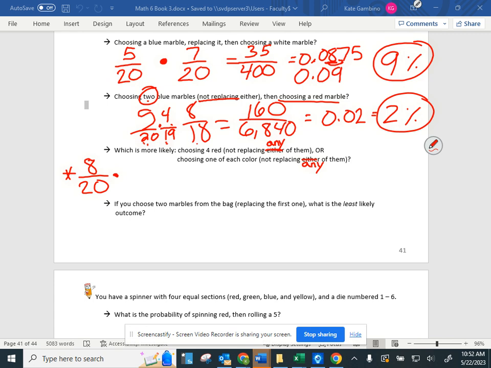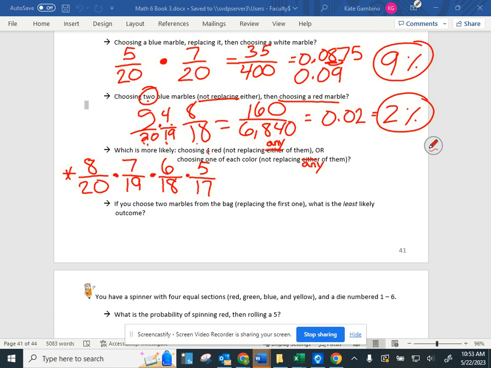So what is the probability of me doing? Say that again. There are 7 reds left out of 19 marbles. And then now there's only 6 red marbles left, and there are only 18 marbles in the bag. And I need to do it 4 times. So now there are 5 red marbles left, and there are only 17 marbles left in my bag.